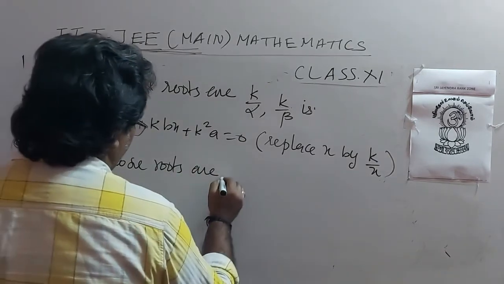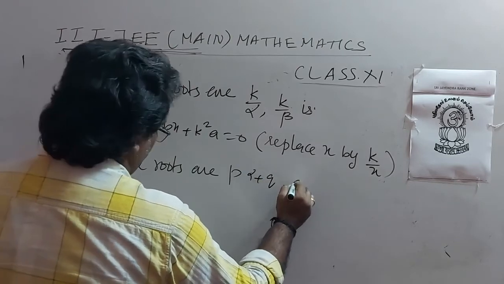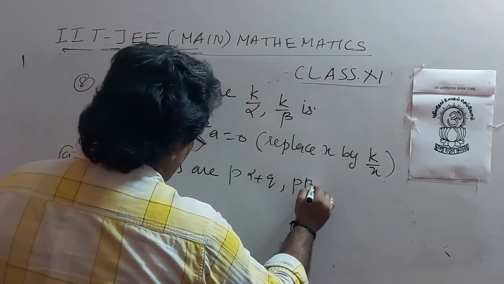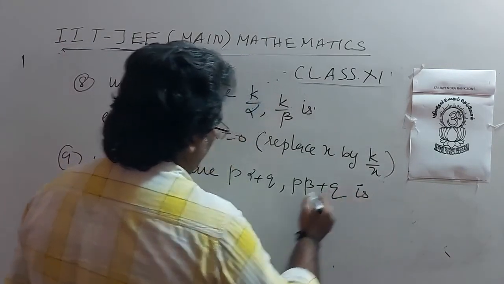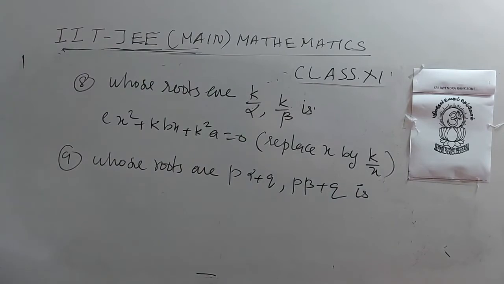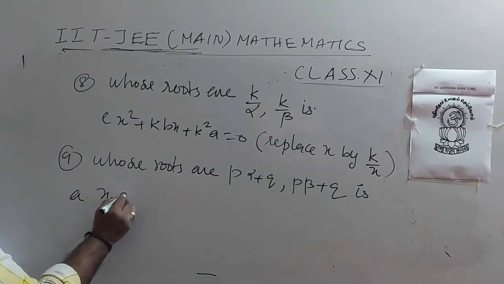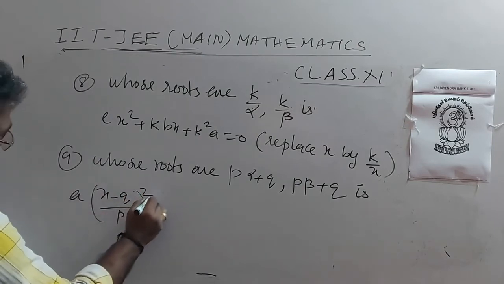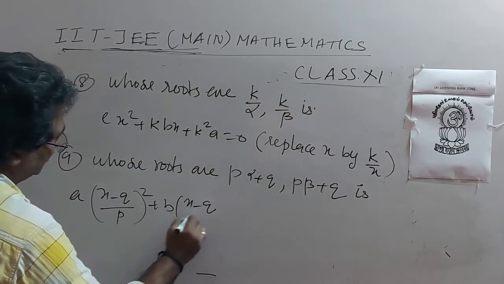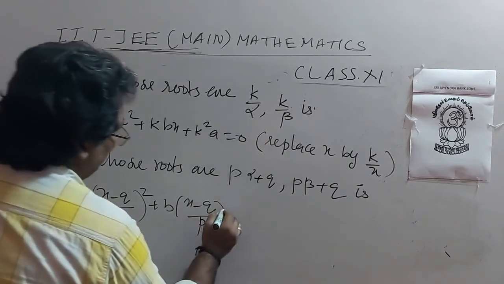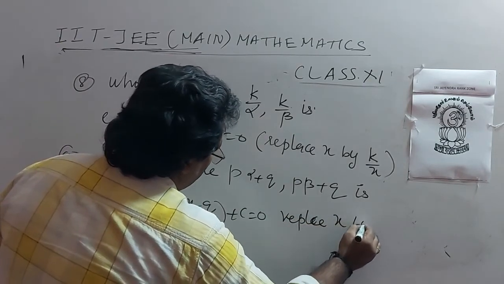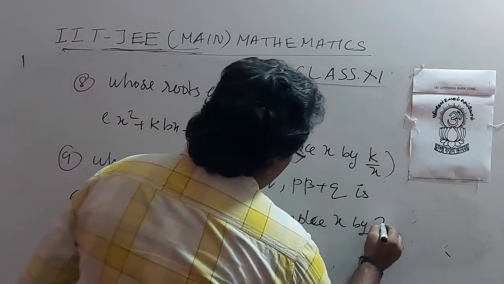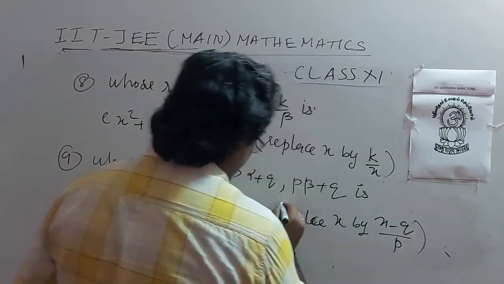Whose roots are P alpha plus Q, P beta plus Q is a into x minus Q by P the whole square, plus b into x minus Q by P plus c equals 0. Replace x by x minus Q by P.